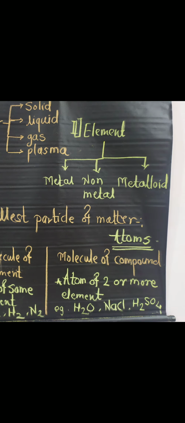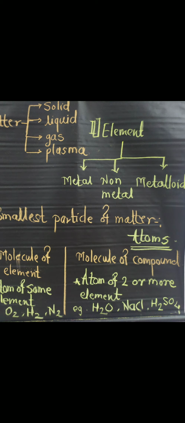In a molecule of a compound, you can see atoms of two or more elements. We are familiar with the example of water. Chemical formula of water is H2O, having two atoms of hydrogen and one atom of oxygen. Salt, chemical formula NaCl, one atom of sodium, one atom of chlorine.